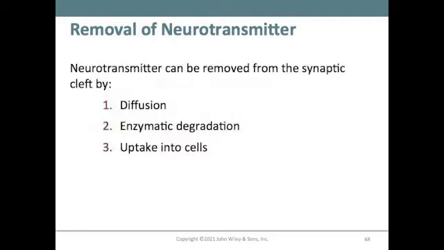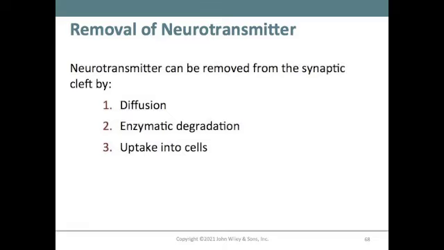Removal of neurotransmitters. When you're in the synaptic cleft and you have these neurotransmitters transmitting a signal from one cell to another, at some point maybe the stimulus stops and then the signal has to stop. So what do we do to remove the neurotransmitters from the synaptic cleft and to stop the signal?